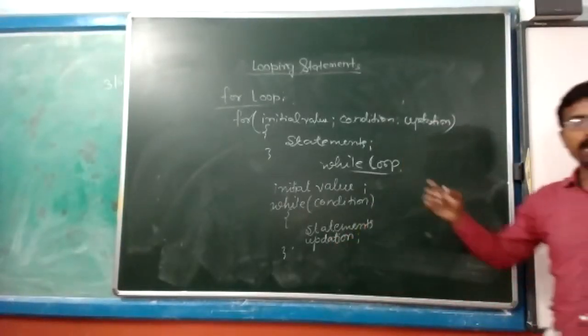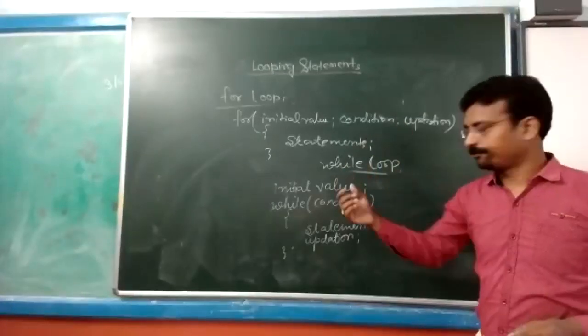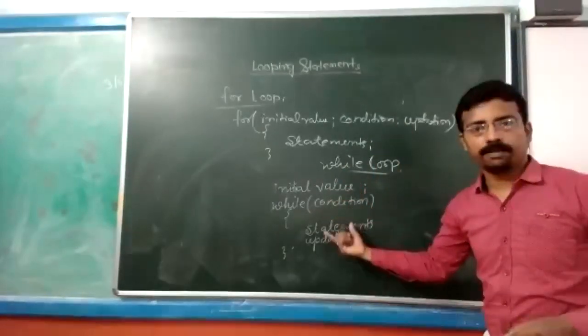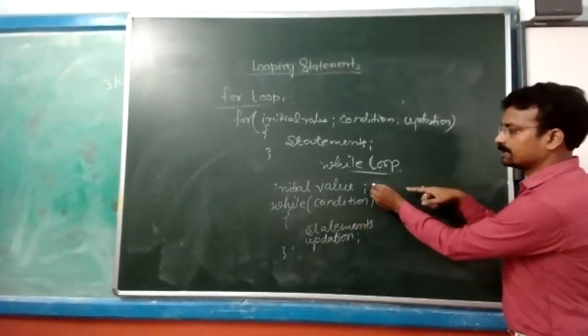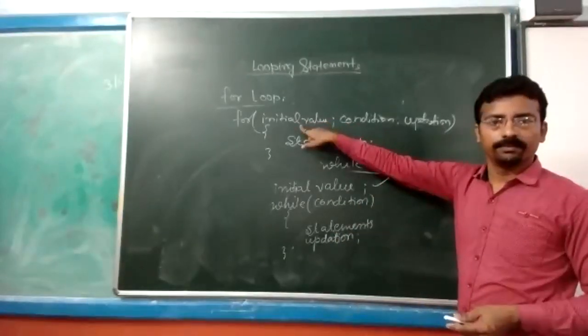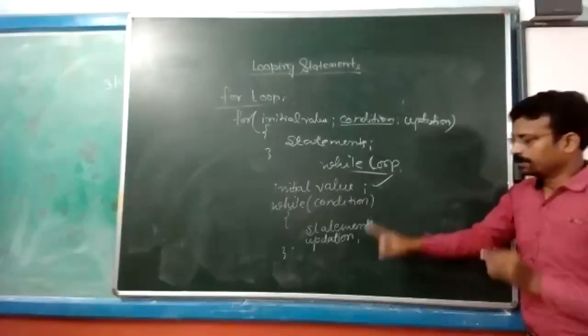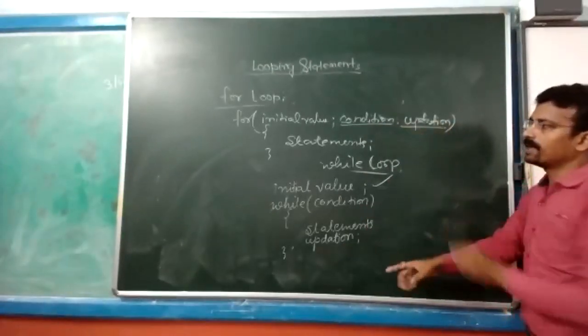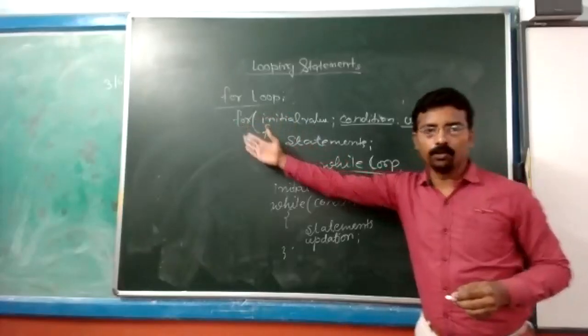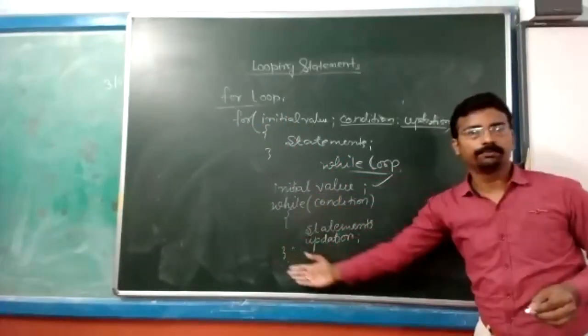Now see, we have covered all types of base statements. See how this is the initial value, this is the condition value, and this is the updation value. As we used in the for loop, the same way we can use it in the while loop.